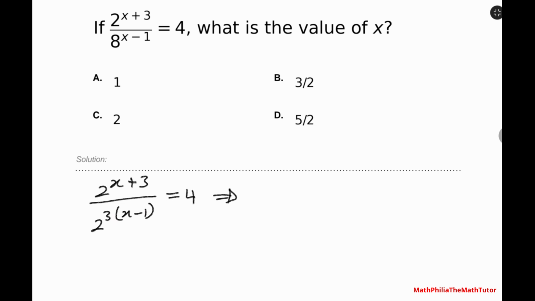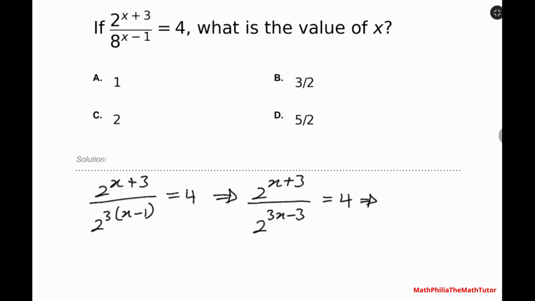Let's continue here. We have 2 raised to the power of x plus 3 divided by, let's distribute 3 inside. That is 2 raised to the power of 3 times x, which is 3x, and 3 times negative 1 is negative 3. This is equal to 4.